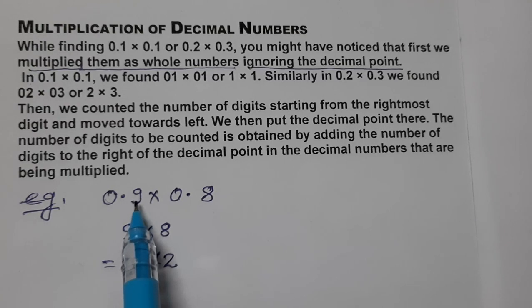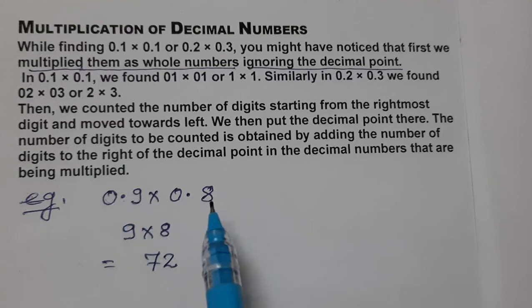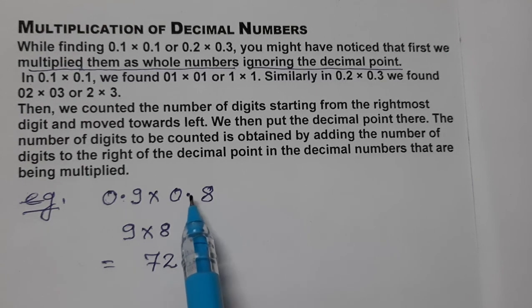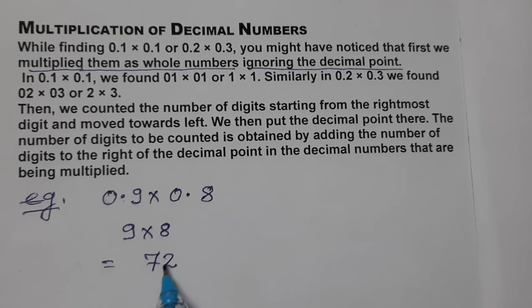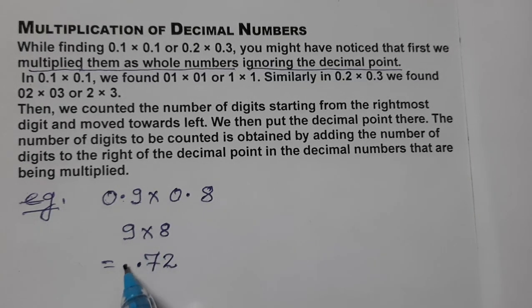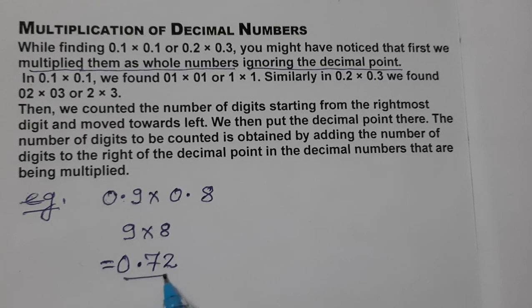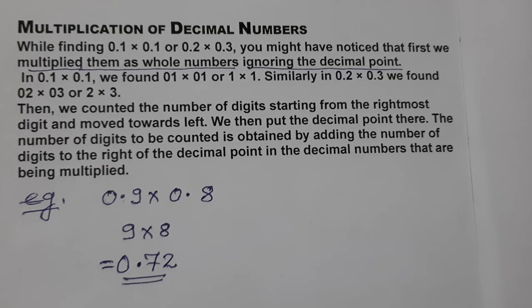After the decimal in 0.9, there is only one digit, that means 1. Here also, after the decimal there is one digit, so 1 and 1. 1 plus 1 is 2. So we start again from the rightmost digit towards the left, 1, 2, and then we put the decimal. So 0.72. This is the answer. So simple. We have to multiply like this.